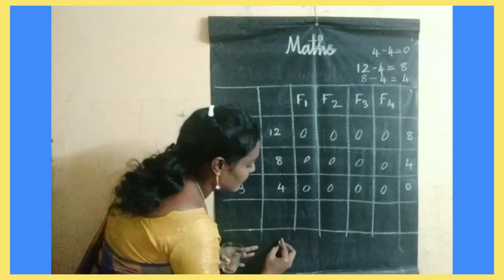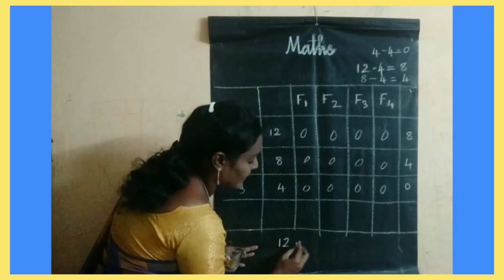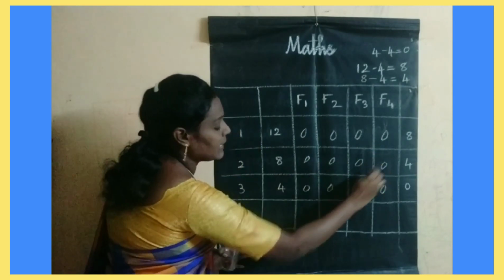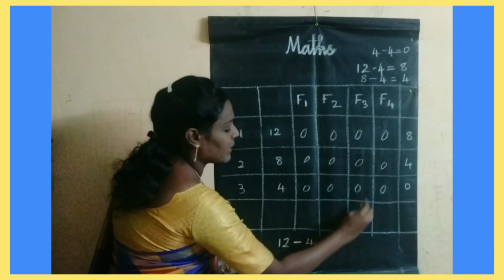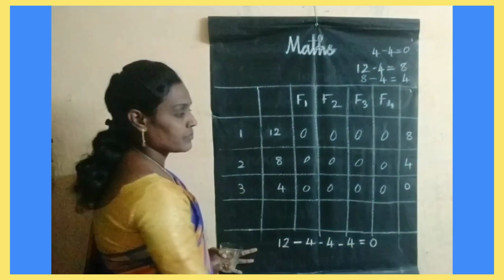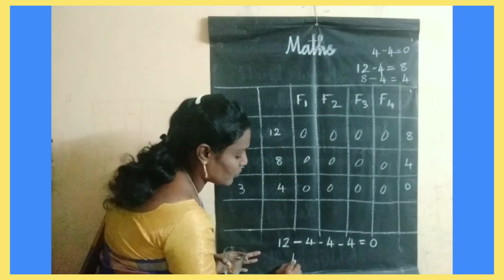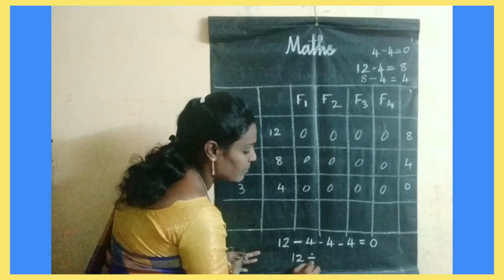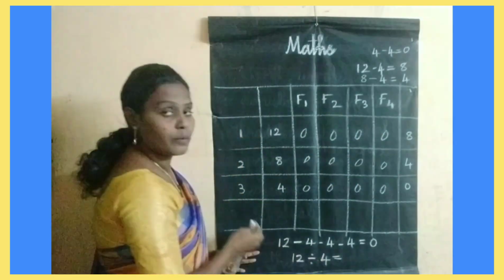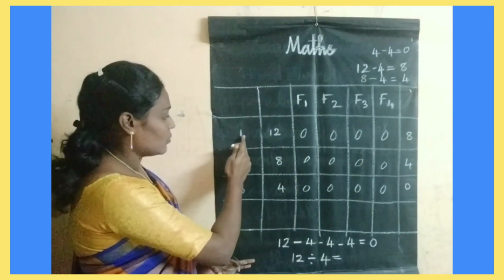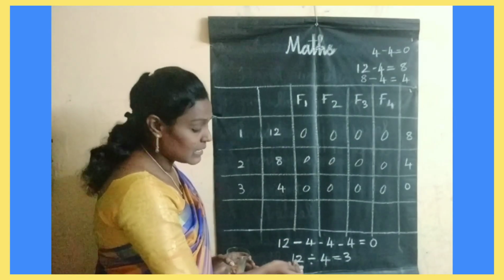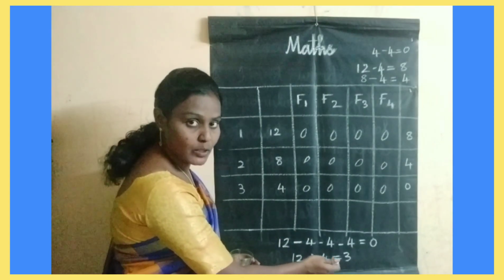It can be written as the subtraction facts 12 minus 4 minus 4 minus 4 equal to 0. The division fact: 12 divided by 4 equal to, how many steps I have shared? 1, 2, 3. 3. The division fact 12 divided by 4 equal to 3.